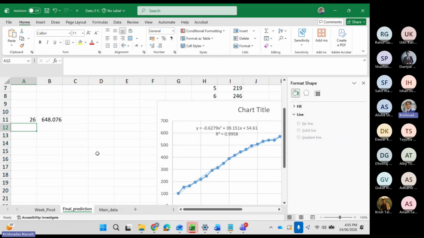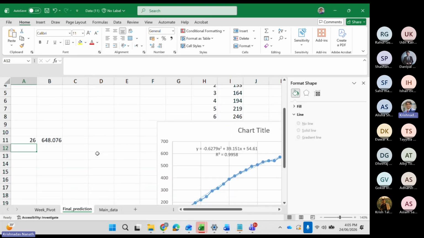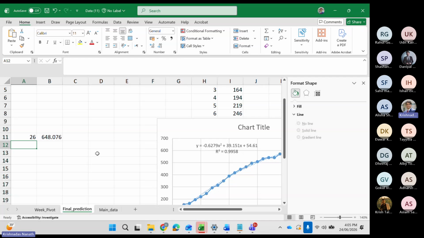Now compare this prediction with the previous long data when you got 18097. That was an absurd prediction because the previous value was 45,000 and suddenly you got 18,000. In this case, do you think it is an absurd prediction? No, it's fine, right? The previous value was 648, and if it gives you 648.076, pretty much you are in the game.